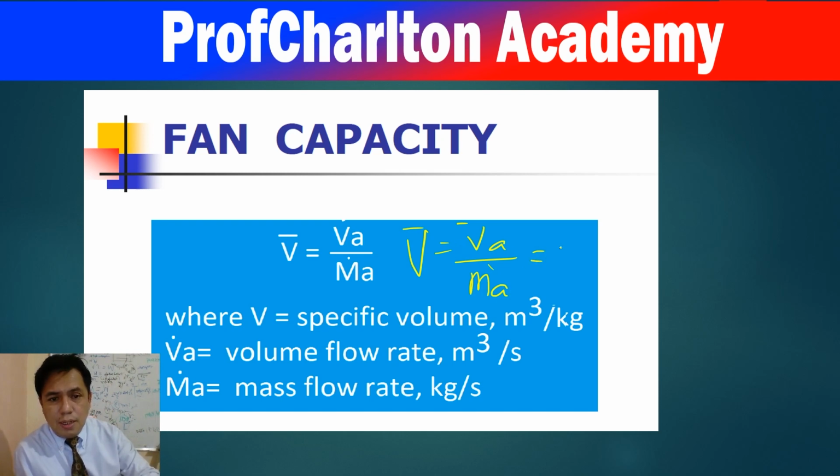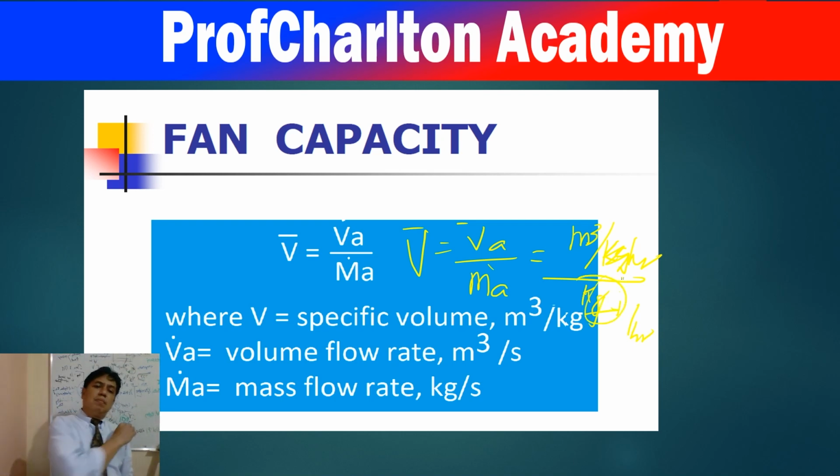And here, if you check the units, volume flow rate is cubic meters per hour, right? And then mass of air is also different. Mass of air is, let us say, kilogram force per hour, right? Per hour, because it's a kilogram.